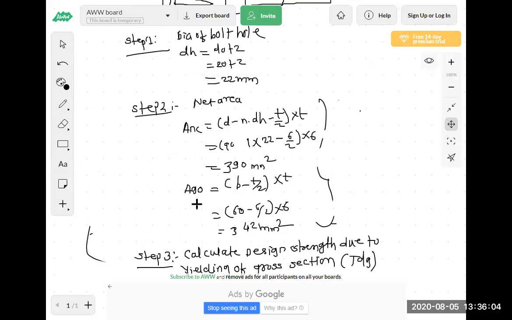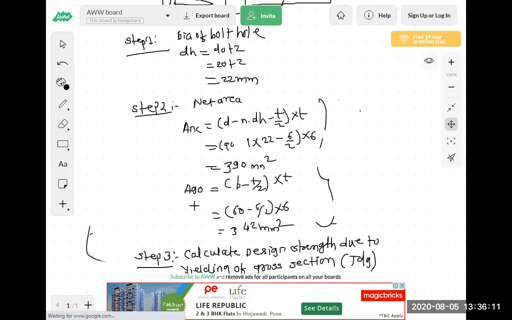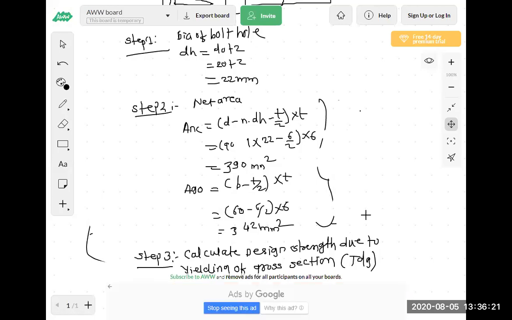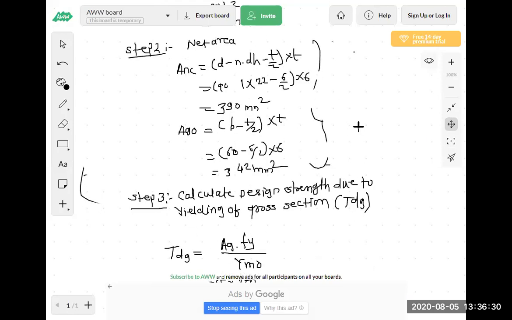In the tension member chapter, when the problem statement is given and they ask to calculate design tensile strength, this type of problem is given in your question paper, then you have to think about whether the number of bolts are given or not. That you have to decide first.